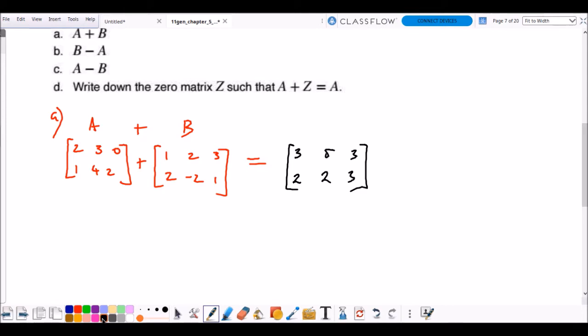Now part B is going to be B take away A. So it's B minus A this time.